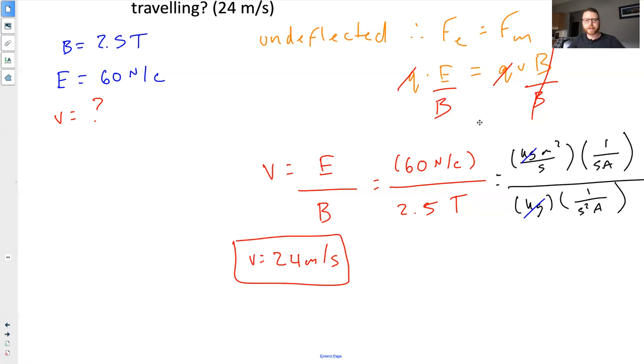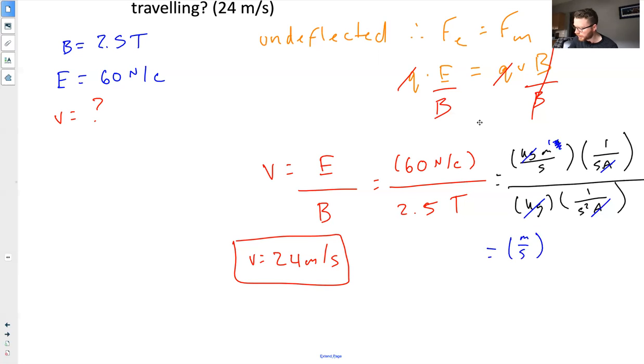Sorry, my meters is wrong. It should just be to the 1 because it is a newton. Newton is kilogram meter per second squared. Okay. But yeah, so amperes will cancel. And we have 1 divided by seconds squared. I'm just going to rewrite this to make it a little bit more simple for us to understand.